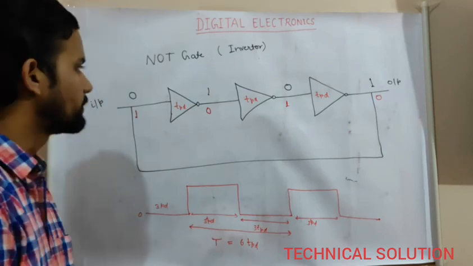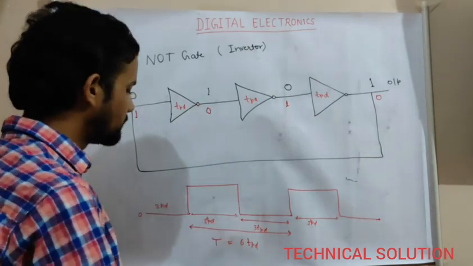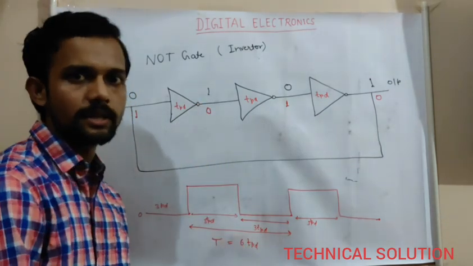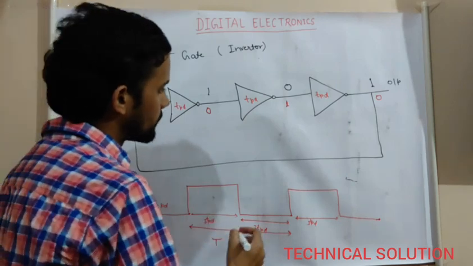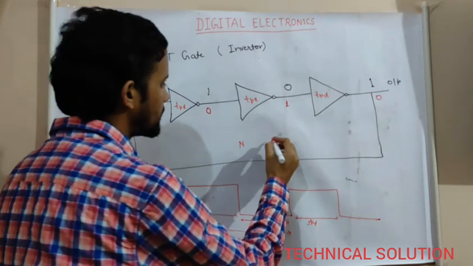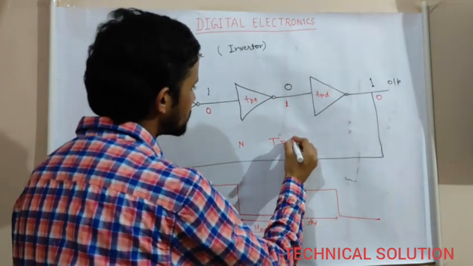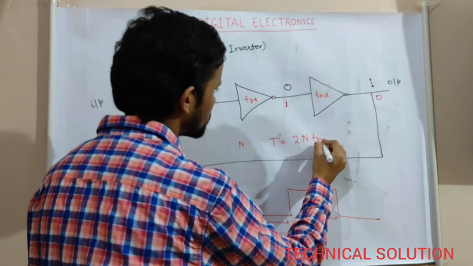That means if we have 3 inverters in feedback like this, then we get a time period of 6 TPD. If we have n inverters, then we get a time period of 2n TPD.